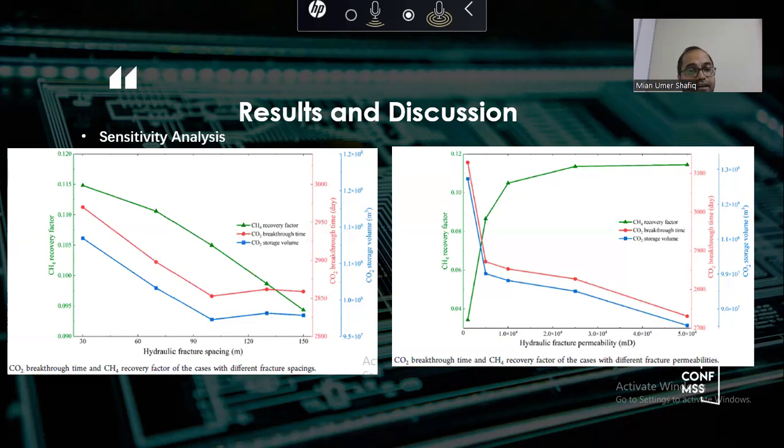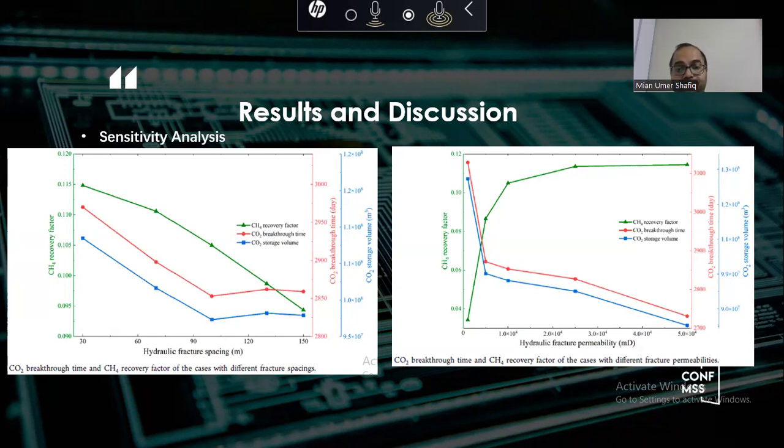Or you can say, if we decrease the spacing from 150 to 30, your recovery factor is increasing, and it also shows the same trend in CO2 storage and CO2 breakthrough.